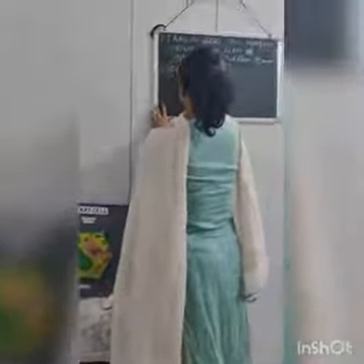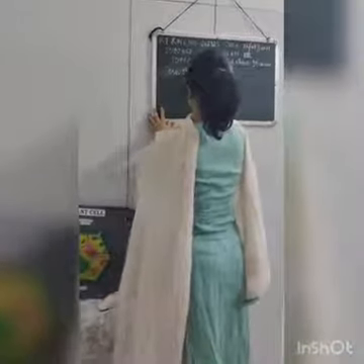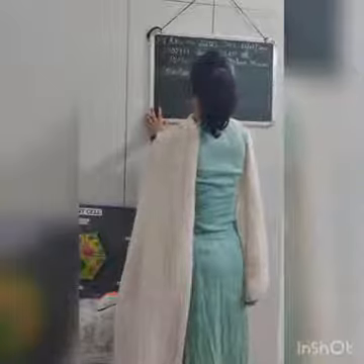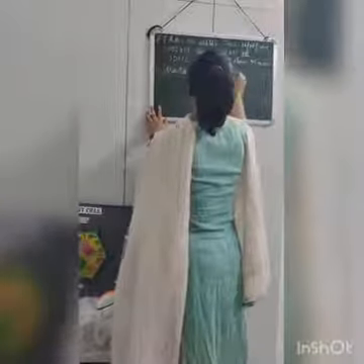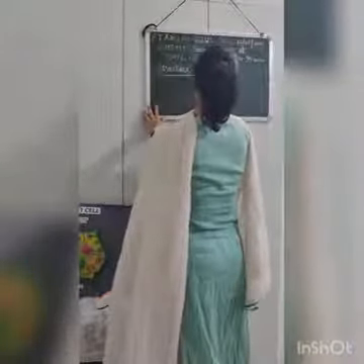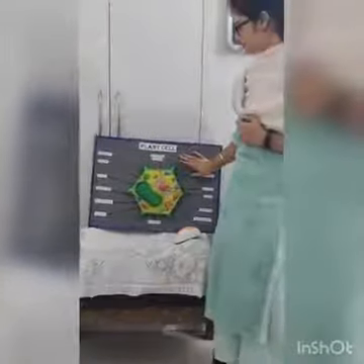Now we'll move forward to the structure of a cell. So what is the structure of a cell? So to study the structure of a cell, we have a model of a cell. So this is a plant cell.